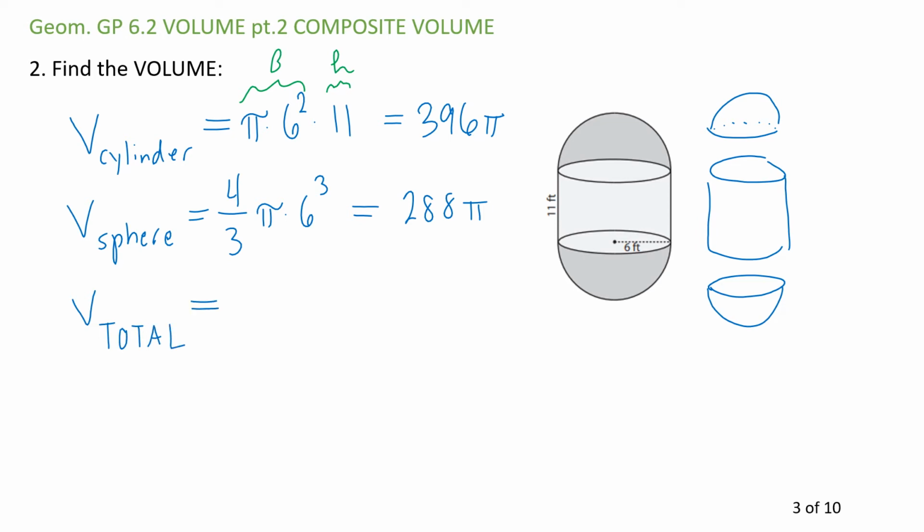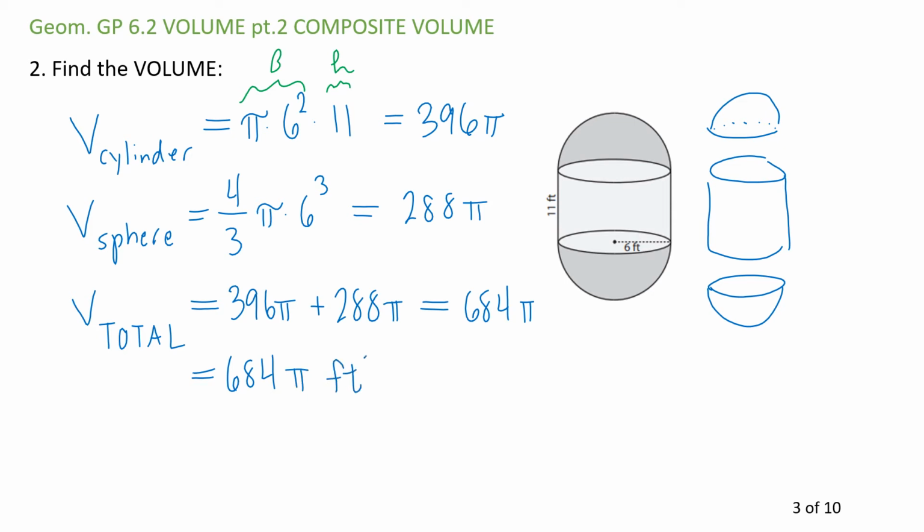So what I have is 396 pi's plus 288 pi's for a total of 684 pi's. And this is in feet, so that's feet cubed.